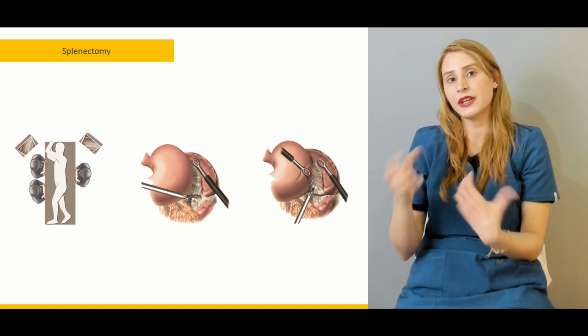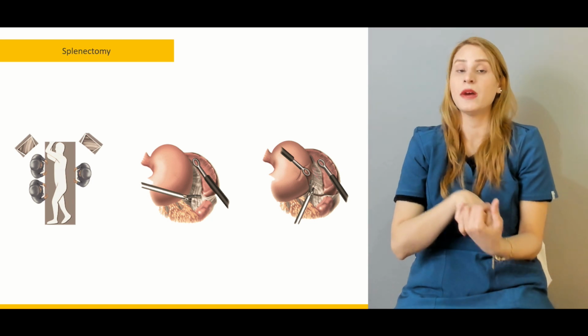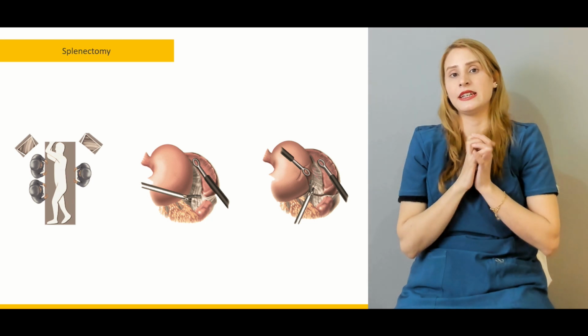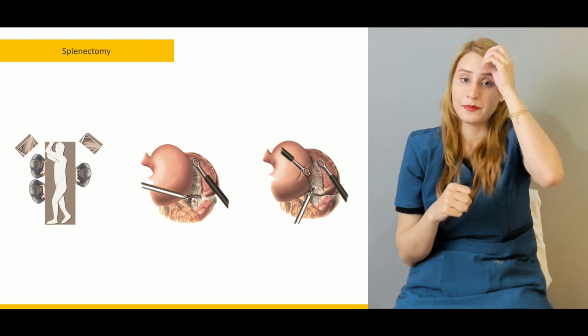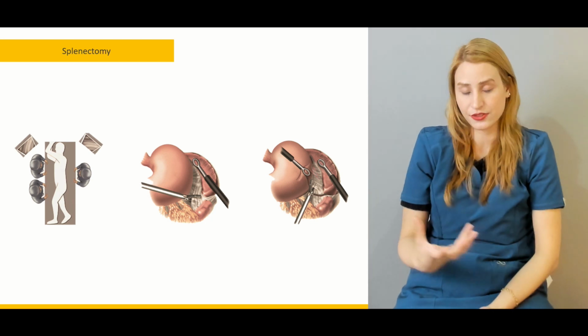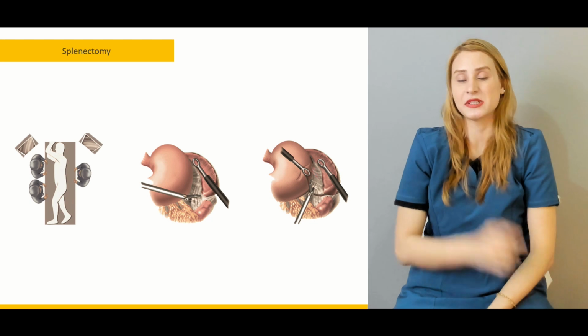When you take out the spleen, you can leave that Spongostan within the left hypochondrium, so that if there is any bleeding, it should be absorbed by that material.